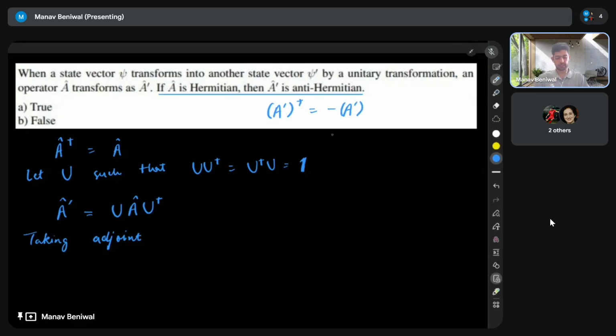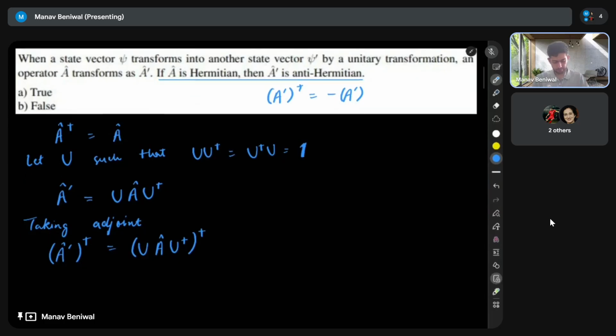If this is true, then we can say that A prime is anti-Hermitian. So we are going to take adjoint, and what we will get is A prime dagger is equal to U A U dagger, adjoint.